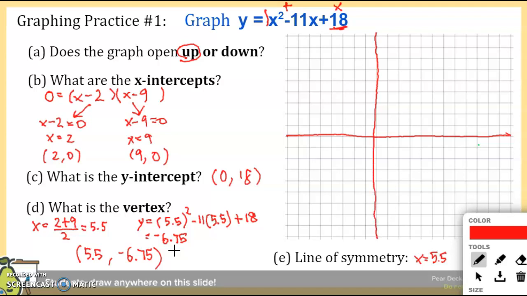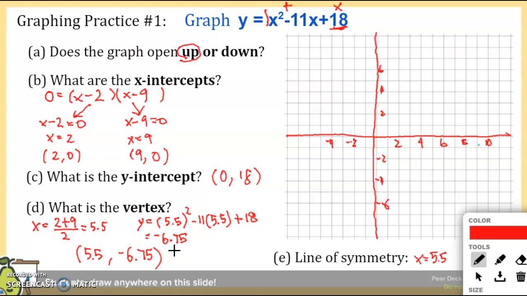And I'm going to label some, so that's going to be 2, 4, 6, 8, 10, negative 2, negative 4, and so on. That's going to be 2, 4, 6, negative 2, negative 4, and negative 6.